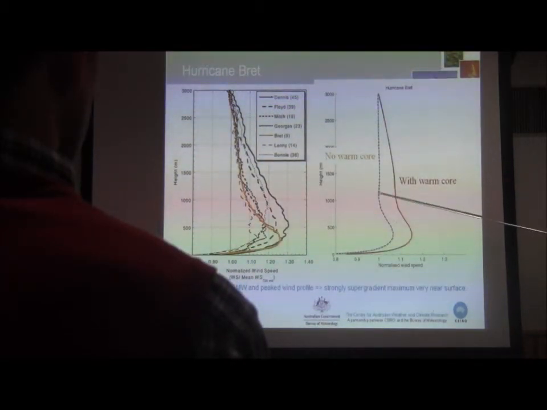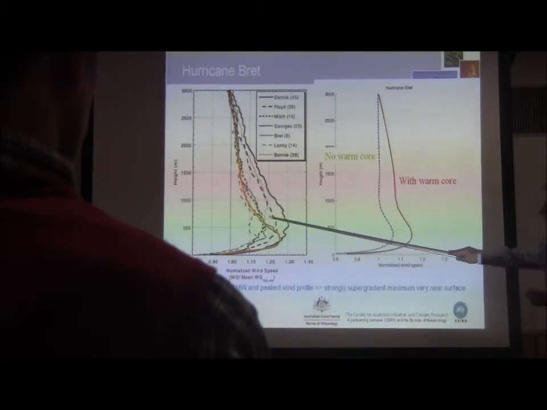You should probably just concentrate on the blue curves. The red curves have a very crude calculation of the warm core effect as well, but the blue curves are straight out of the model. This one was Brett, which had the lowest and perhaps the most marked wind maximum.